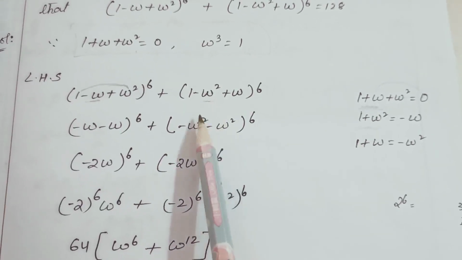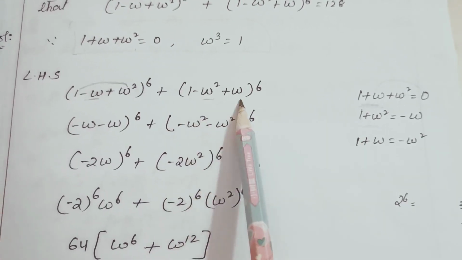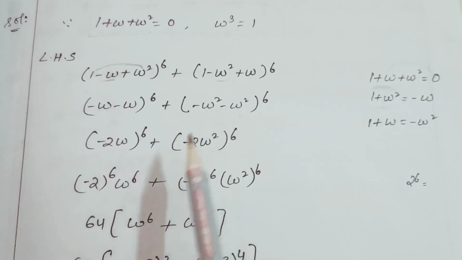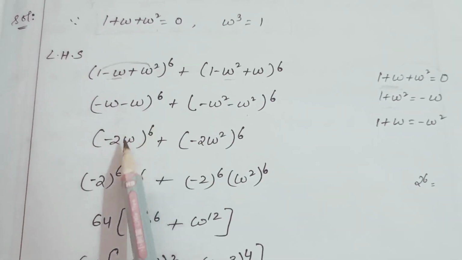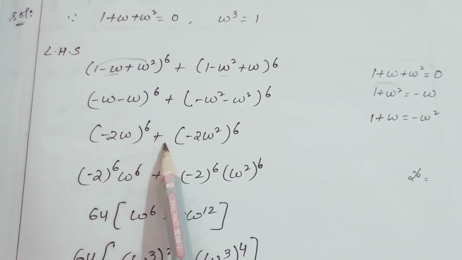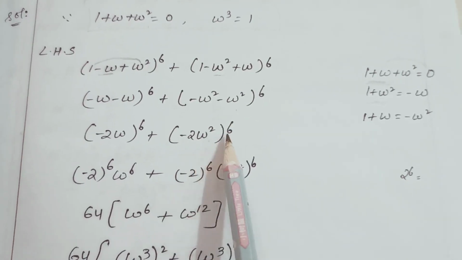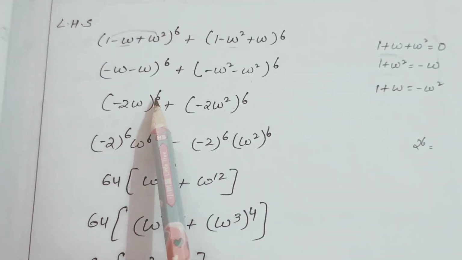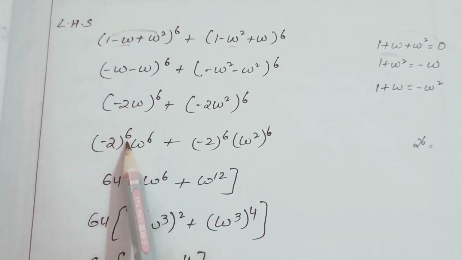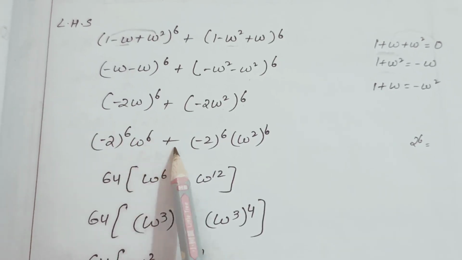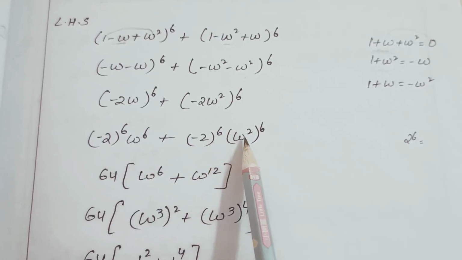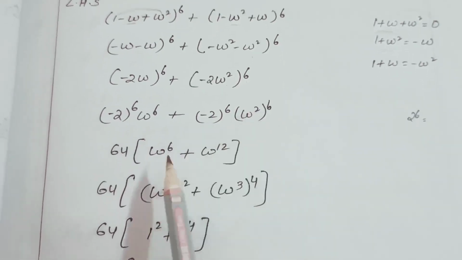This minus omega square same as it is, and 1 plus omega is minus omega square, whole power 6. Minus omega is minus 2 omega, whole power 6, plus minus omega square is minus 2 omega square, whole power 6. Now giving power separately: minus 2 to the power 6 omega to the power 6, plus minus 2 to the power 6 omega square to the power 6.